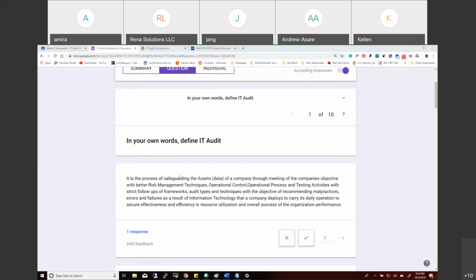Based on my understanding, an IT audit is basically reviewing a company's IT infrastructure, their policies and procedures, with the objective of mitigating risk.